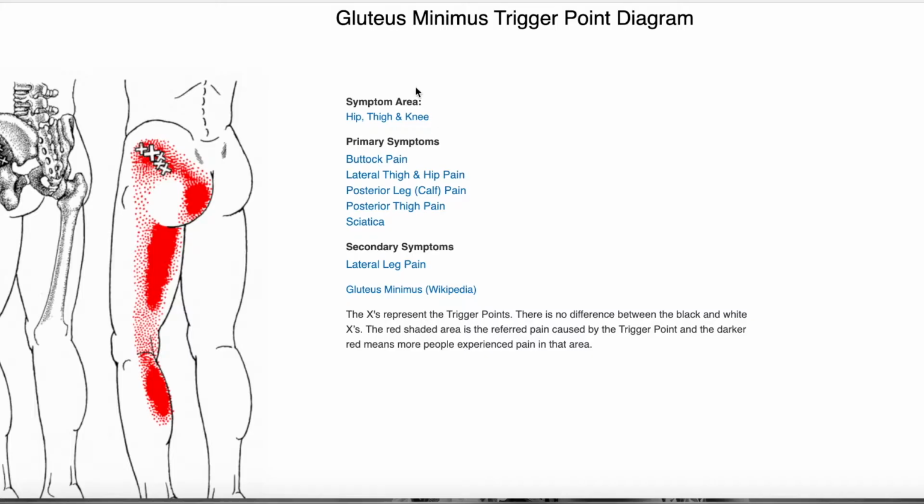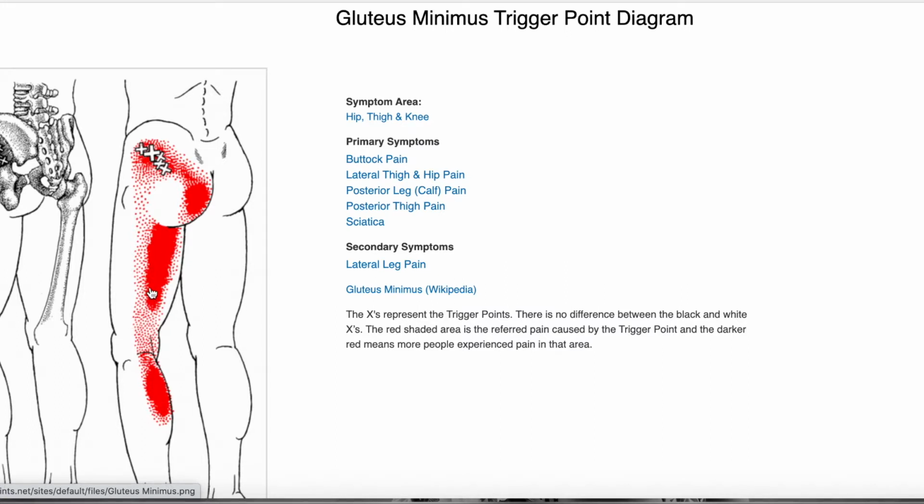Well, if we go to our glute minimus trigger point diagram right here, it starts to get real messy real quick. Okay, we can see right over here 1, 2, 3, 4, 5 different trigger points on this portion of the glute minimus, and then look at where it sends the pain. Some of it will go into the glute, down the side of the hip, into the hamstring and the calf.